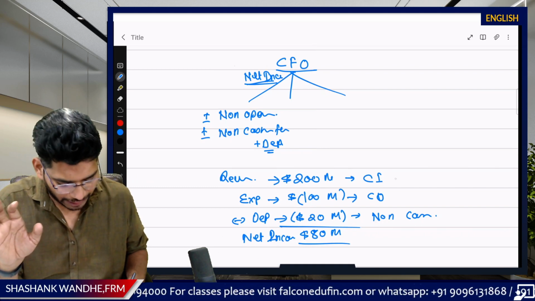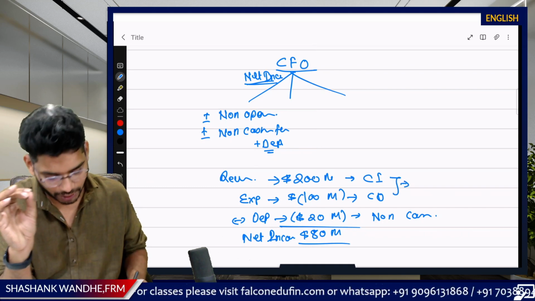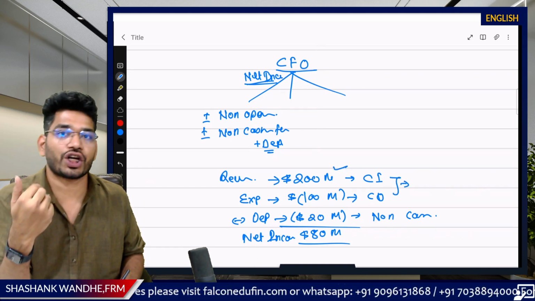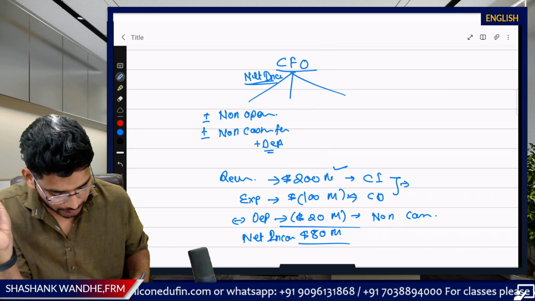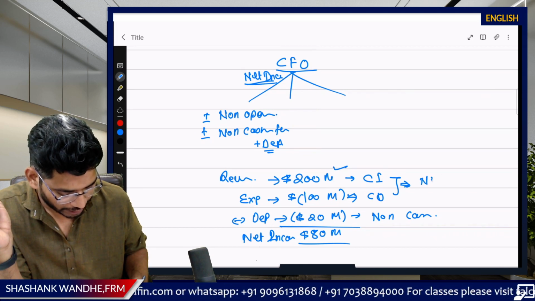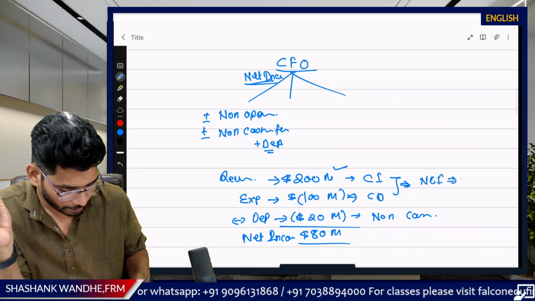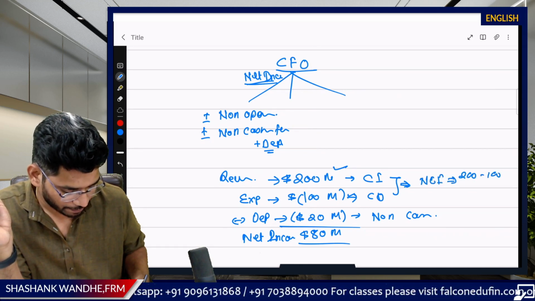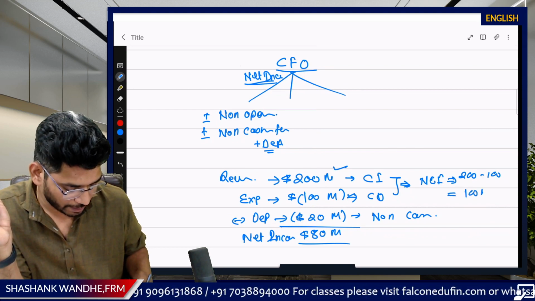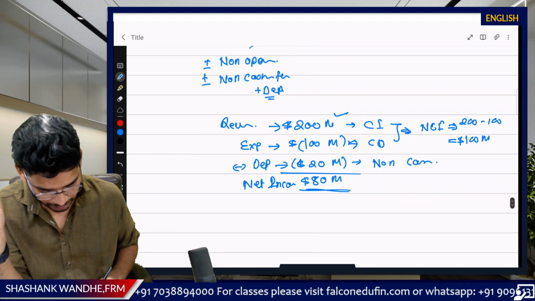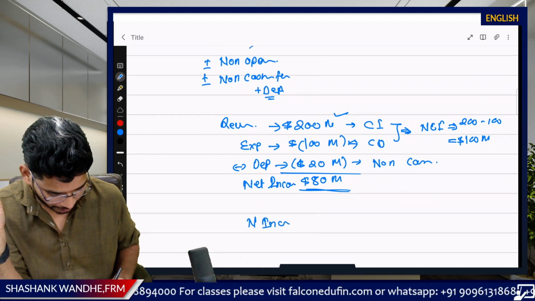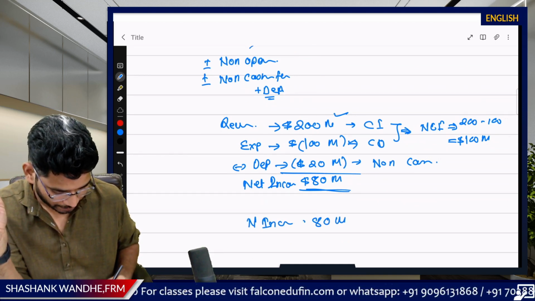Now if I roughly calculate the cash flow here, I know my cash inflow is 200 million and my cash outflow is 100 million. So my net cash inflow is equal to 200 minus 100, and this will give me 100 million. Now here I have a net income of 80 million.